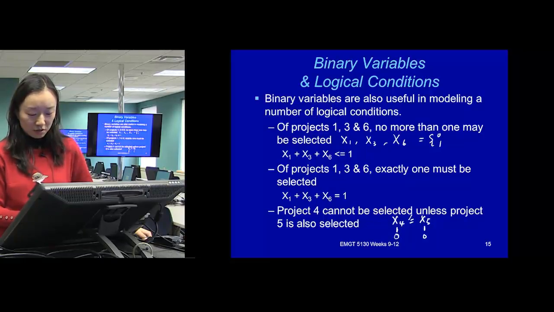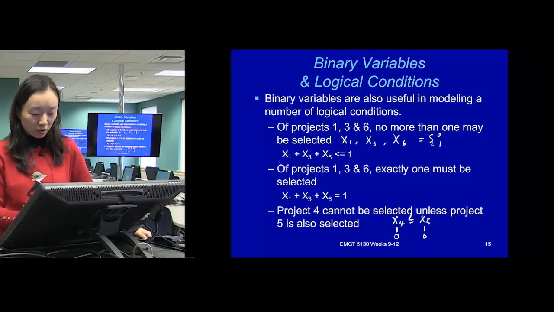Less than or equal? With that analysis, if we use less than or equal to, x5 should be 1 if 4 is selected, right? If 4 is selected, 5 has to be.